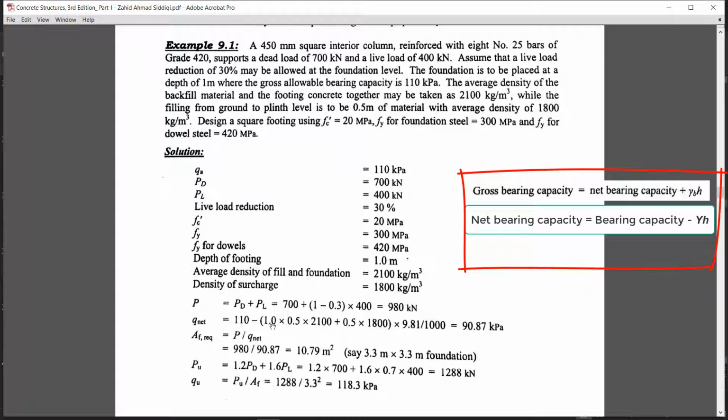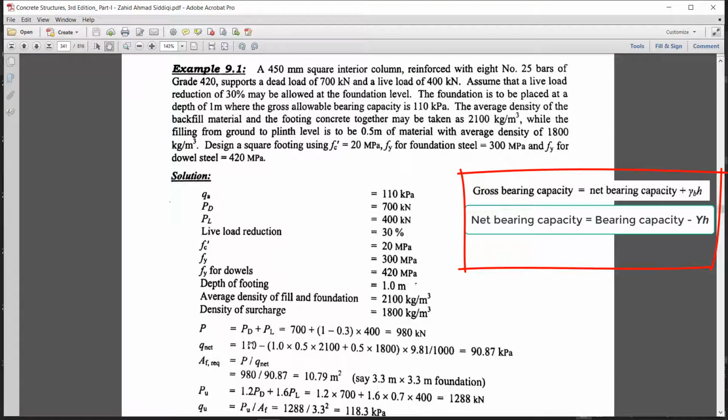So we will subtract the overburden load that is present. Now Q net, net contact pressure will be calculated as Q allowable minus overburden, means the load which is present at the foundation level. So at the foundation level two loads are present. One is backfill and one is surcharge load. That is the load present up to plinth level.